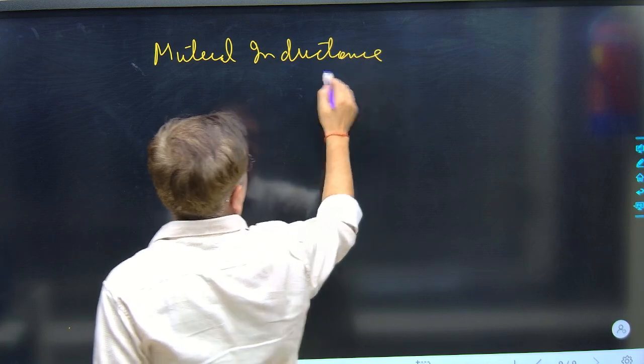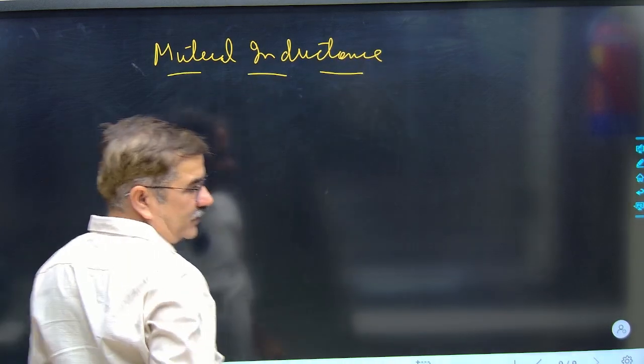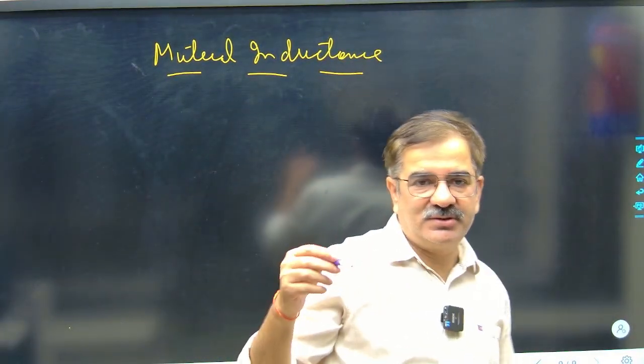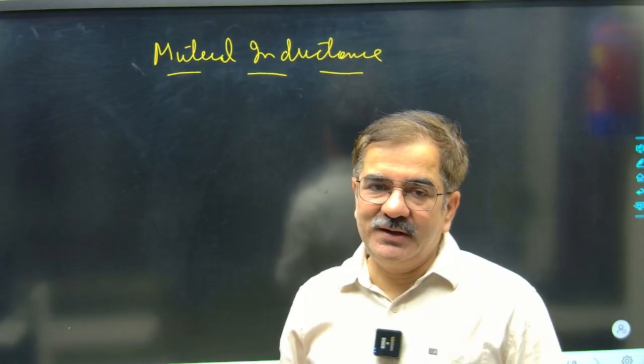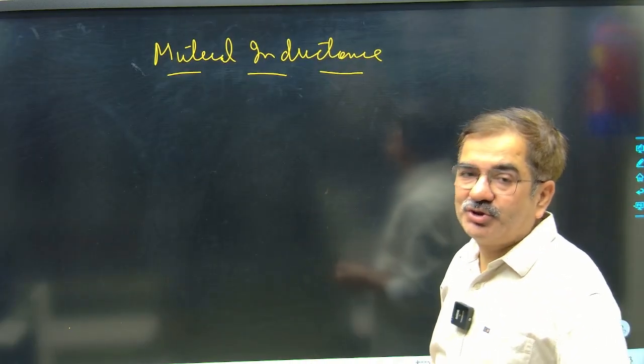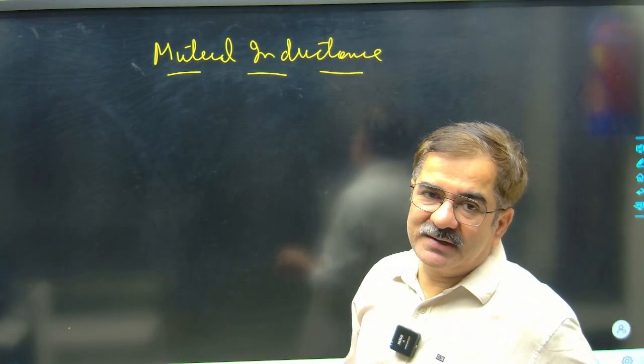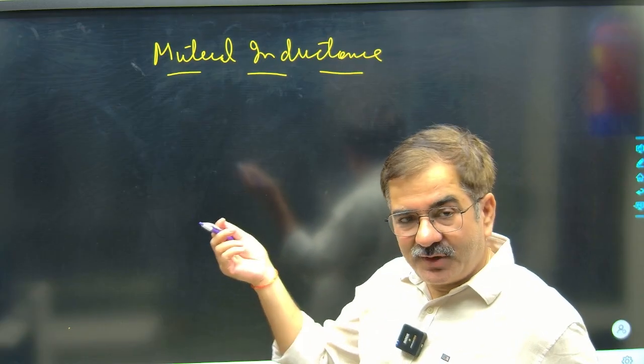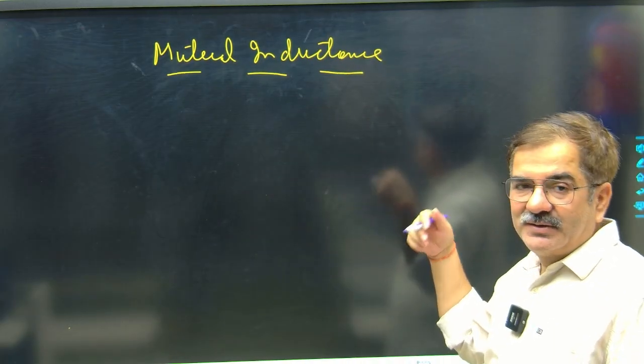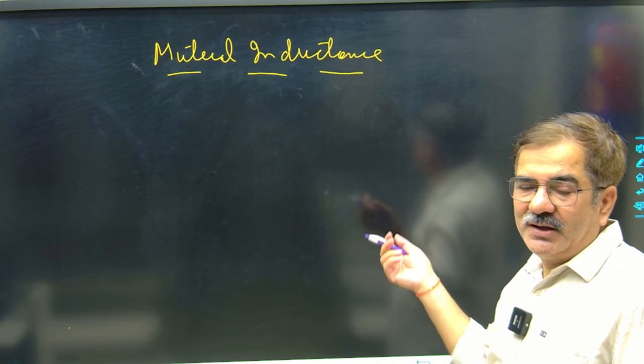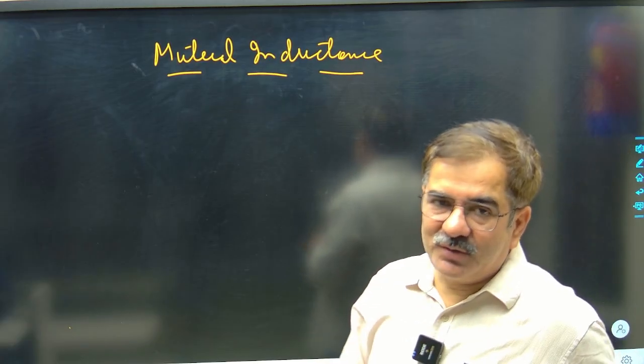Mutual inductance means if there is a current change or flux change in the first coil, there is always induced EMF or current in the second coil. So production of induced current and EMF in the second coil due to flux change in the first coil is called mutual inductance.